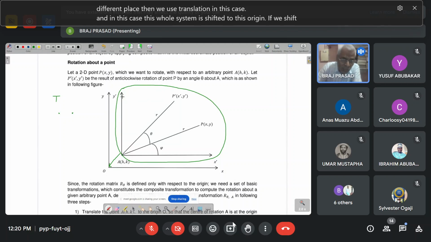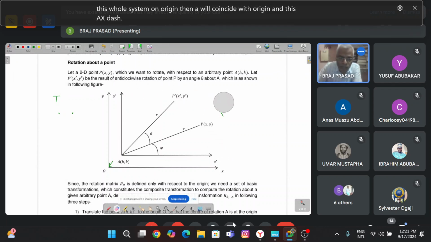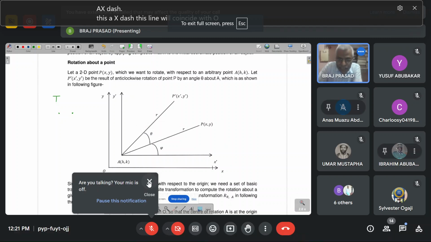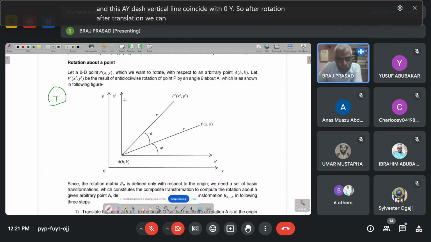If we shift this whole system to the origin, then A will coincide with the origin, and this line A x dash will coincide with OX, and this vertical line A y dash coincides with OY. So after translation, we can shift this frame to the original frame, that is at the origin.